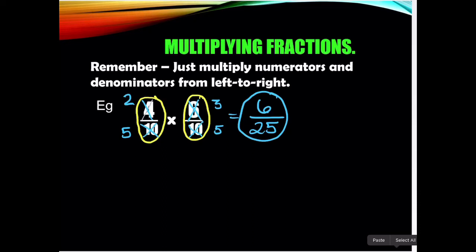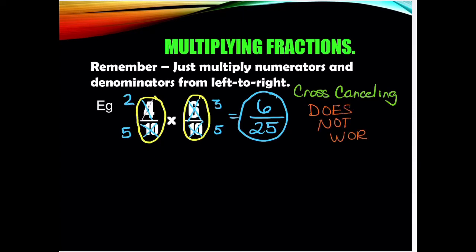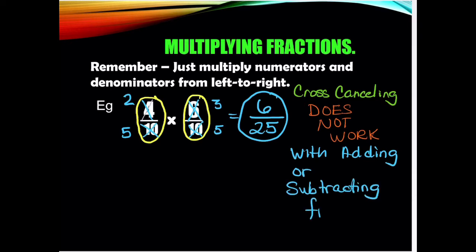Now, a lot of this stuff that I'm showing you, and this is a biggie. Now, the thing is that I always have to give a little bit of a caveat or a warning here about what's going on, but after I teach cross-canceling, I always have to remind my students that it does not work when adding or subtracting fractions.